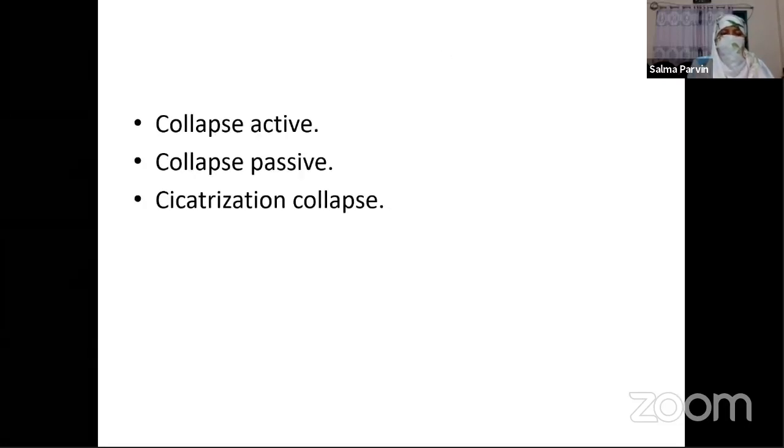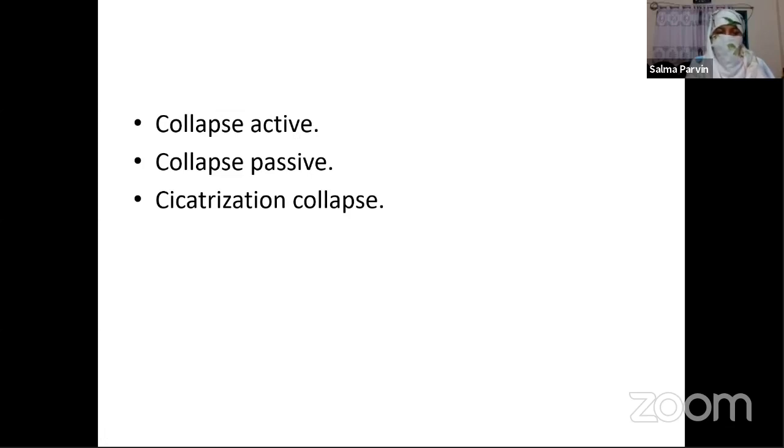The collapse may be active, as in obstructive pathology: malignancy, a mucus plug, or a foreign body will cause obstructive collapse. Passive collapse is due to other pathologies in the pleural space that cause lack of expansion of the affected pulmonary areas.